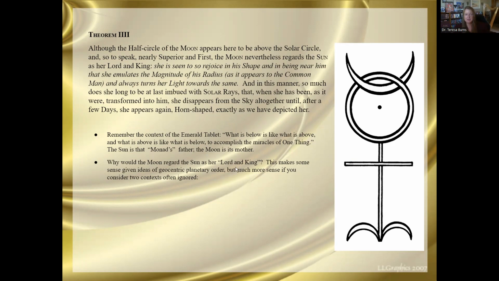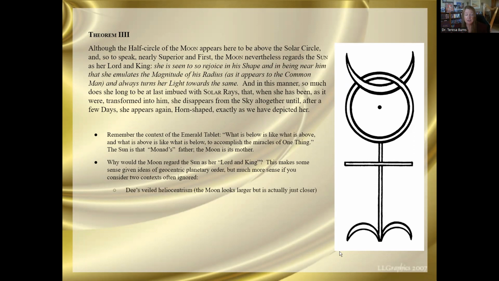I want to talk about this notion here. The moon as something that appears like the same size as the sun, but which an educated person knows has to be closer and therefore larger, is also something you see in various ideas of geocentric planetary order. I'm not really interested in them, so I'm not going to talk about them.